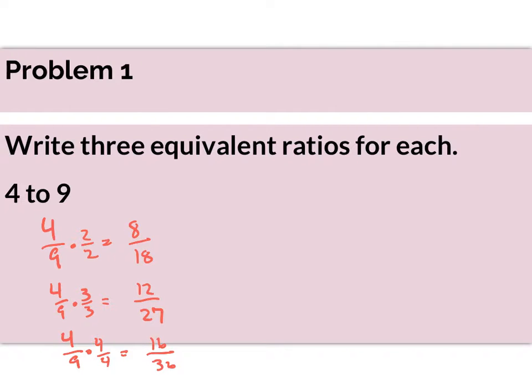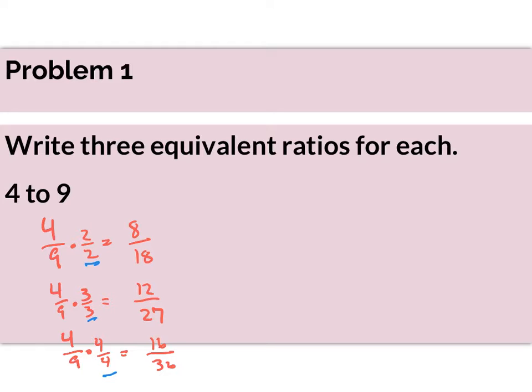And I talked about why we can multiply by the same number top and bottom. It comes from the identity property of numbers. 2 divided by 2 is 1. So when you multiply 4 over 9 by 1, technically, you get a different-looking number. But if you had a calculator and you did 4 divided by 9 and 8 divided by 18, the decimals would be the same.